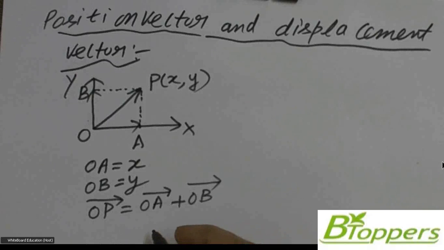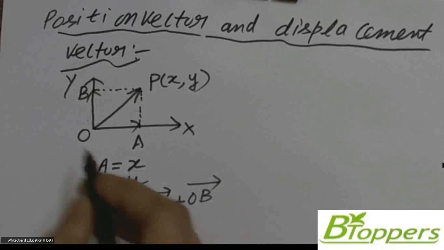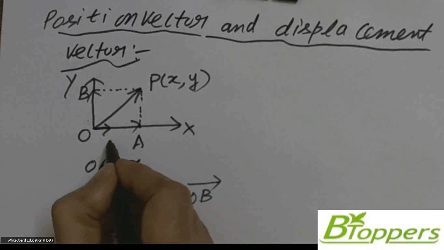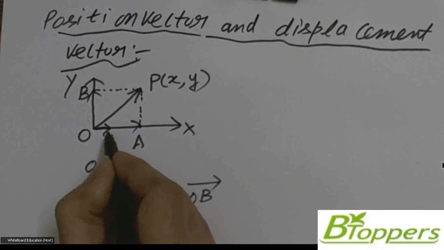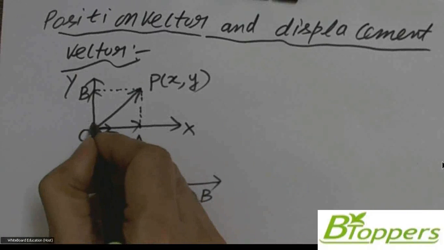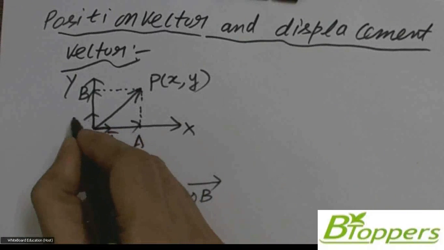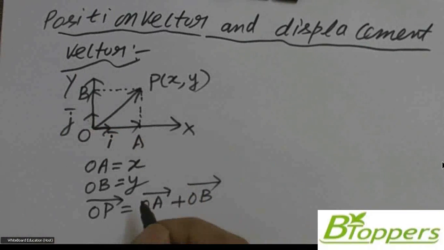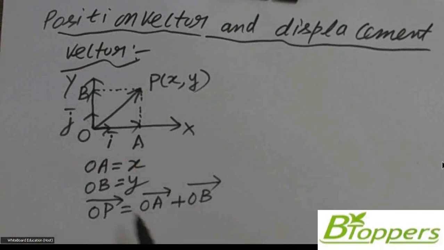In general, any vector can be expressed as the product of its magnitude and the unit vector in the same direction. The unit vector along the positive direction of x-axis, as you know, is denoted by i bar or i cap. The unit vector along the positive direction of y-axis is denoted by j bar.